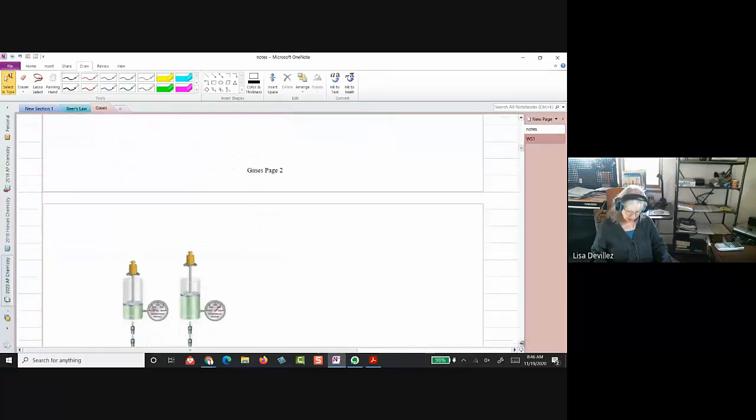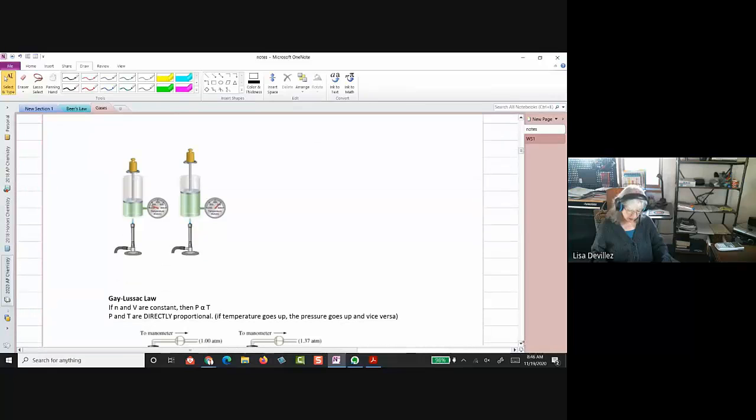And again, we kind of saw, they just had this another drawing here. But if you think about it from the particle standpoint, if the pressure is to stay constant and I increase the temperature, I'm increasing the kinetic energy of the particles, which is going to make them hit the walls of the container more often.